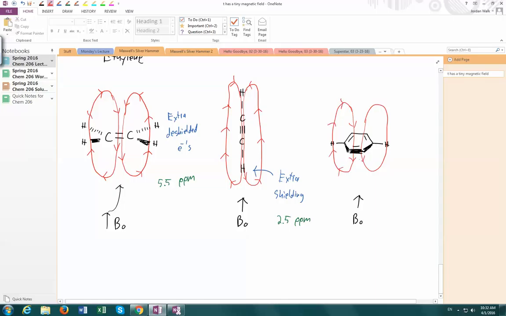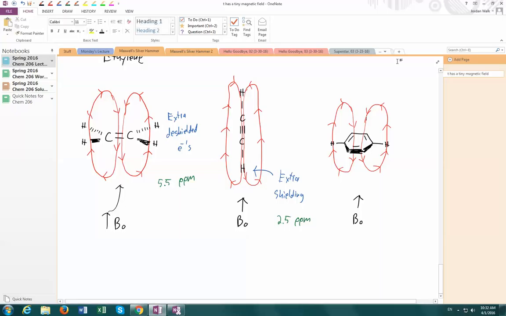Is benzene going to be more like ethylene or more like acetylene? It's going to be more like ethylene, right? Because when we look at these protons, we can see that they're experiencing this extra magnetic field in the direction of B naught. So acetylene is the weird case.